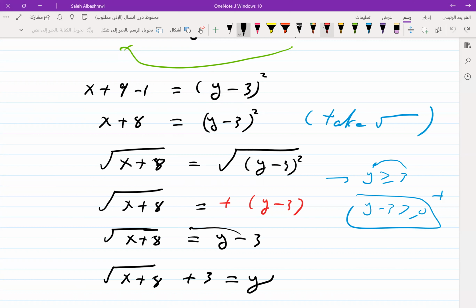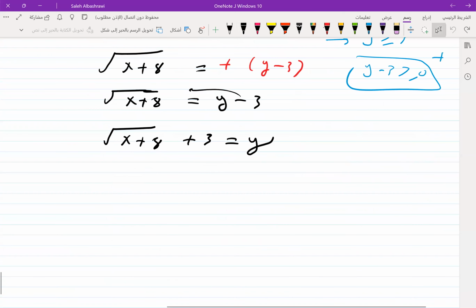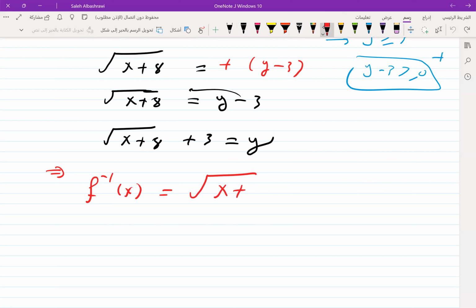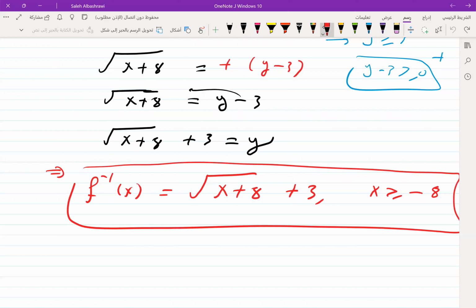It means the inverse for this function is equal to the square root of x plus 8 plus 3, with one condition that x must be greater than or equal to minus 8. It is the domain under the square root. So this is the inverse for the given function.